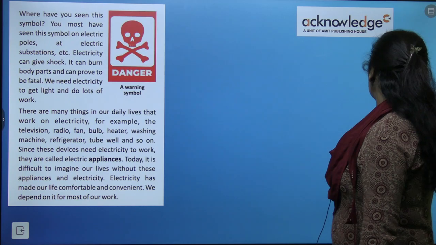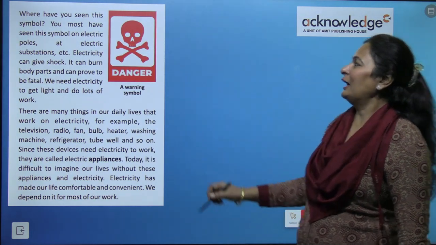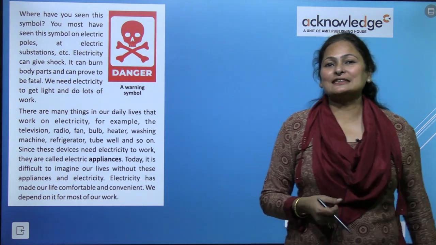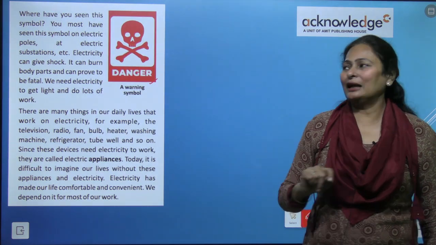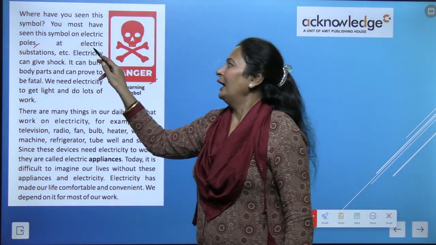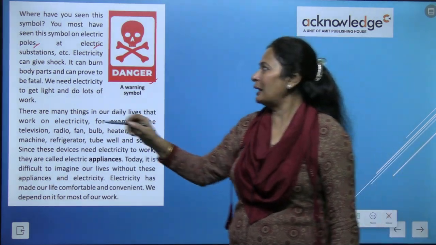Have you seen this symbol? This is the symbol, red color symbol. Most of you have seen this symbol, but where? On the electric poles. Where? At the electric substation. Now, what is substation?